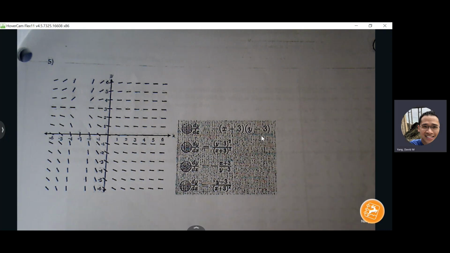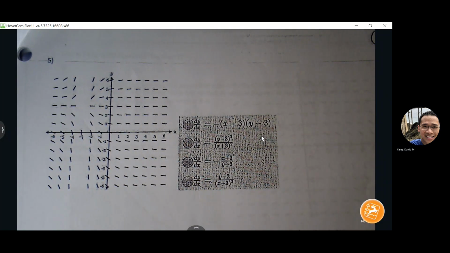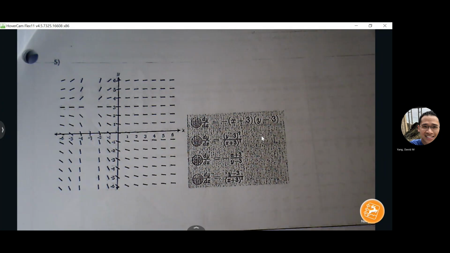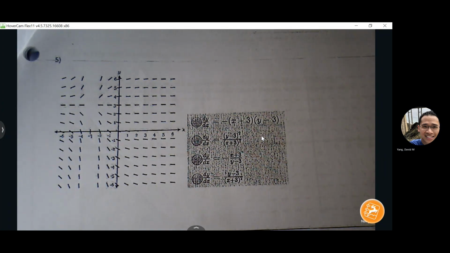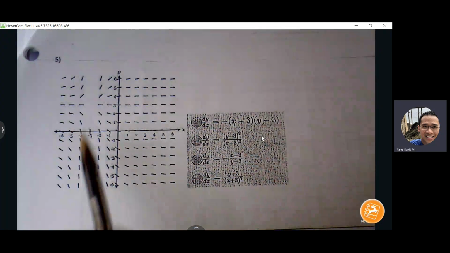Okay, so what's one observation that you guys can make by looking at the slope field here? Slope is undefined at x equals -3, right? So that's a really obvious one that we can identify.